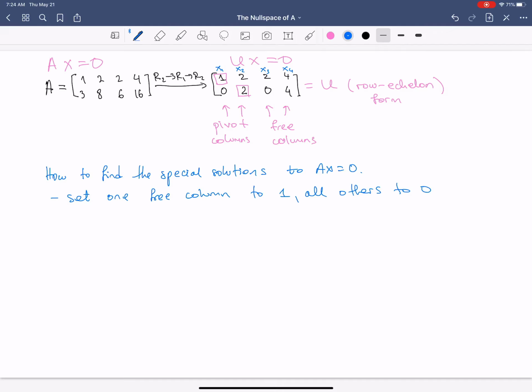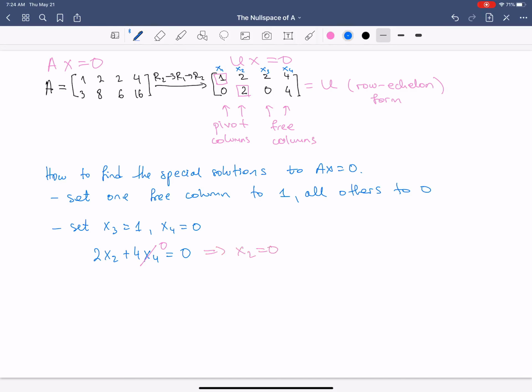So let's say we're going to set x3 to equal 1 and x4 to equal 0. Now we can use back substitution to find what x1 and x2 must be. We'll look at the second equation. The second equation says 2x2 plus 4x4 equals 0. Here x4 is 0, therefore x2 must also be 0.